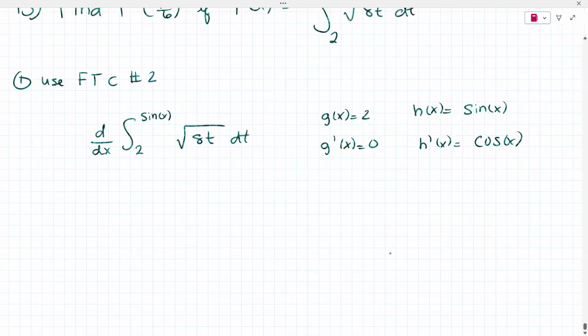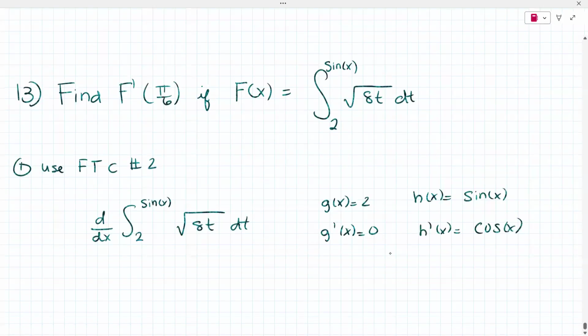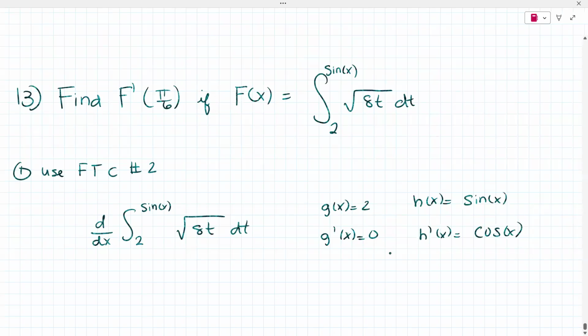Okay, then what I would do is plug in t for h of x. So this would be square root of 8 and replace t with h of x, which is sine of x, times the derivative h prime of x, which is cosine of x. I'll put the cosine of x in front of here.